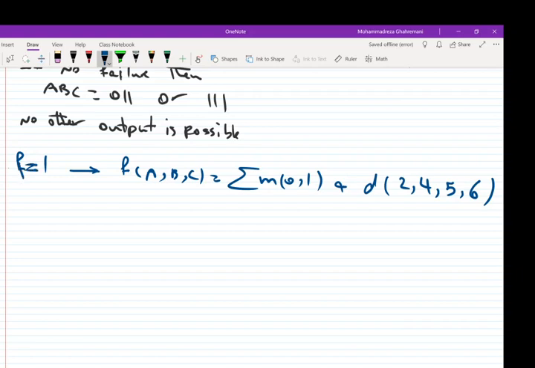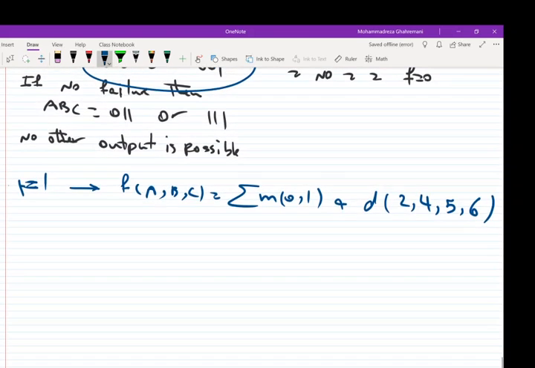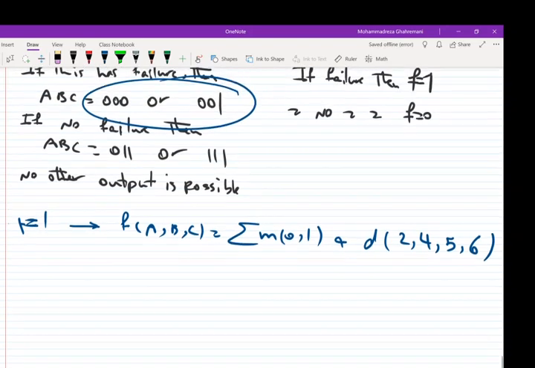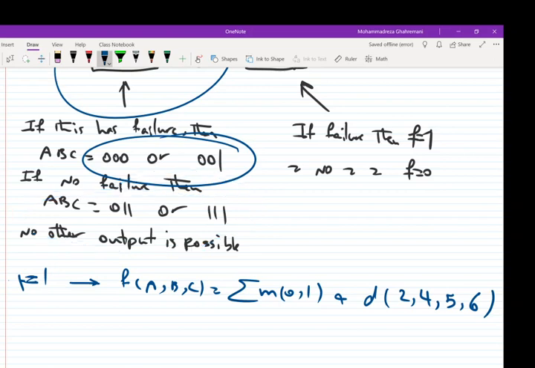So if there is a failure, we know that the output of this circuit is 000 or 001, which is minterm 0 and 1, and minterms 3 and 7 are not part of these minterms because it's when there is no failure, and the other combinations are don't cares.